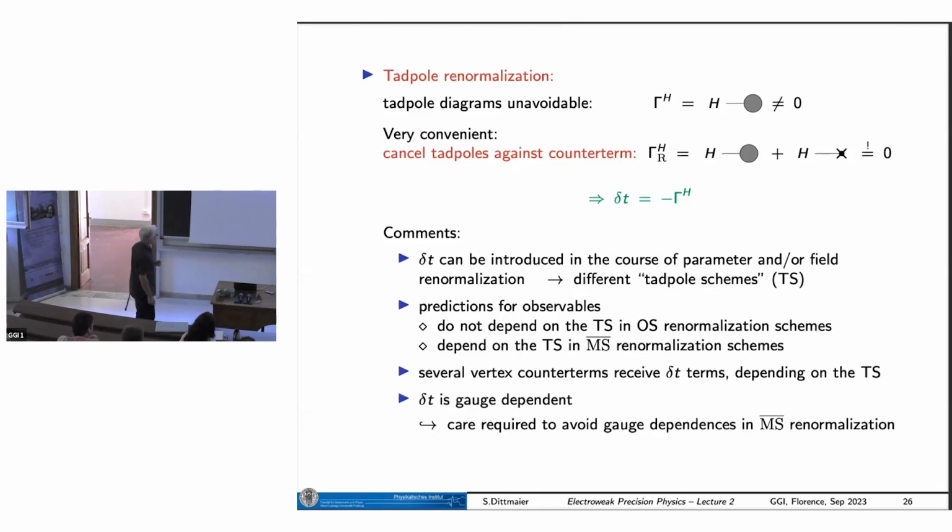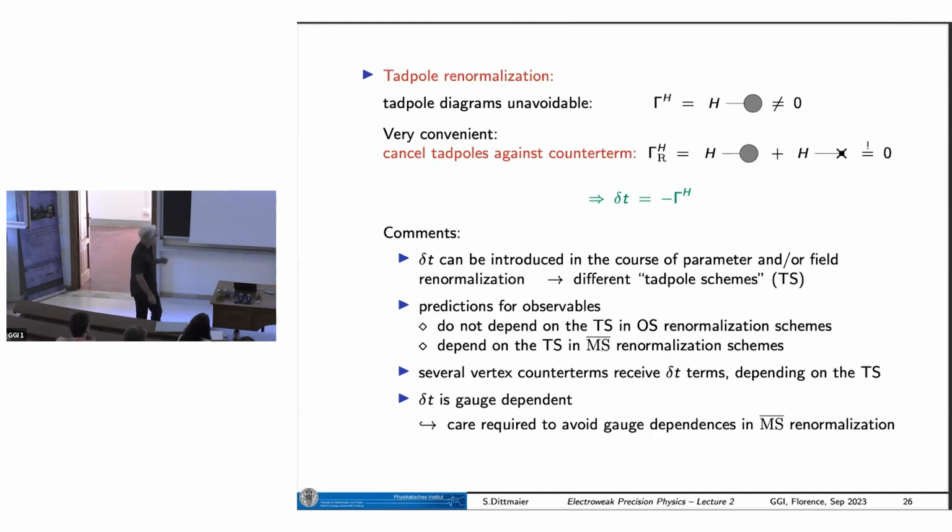If you have, as I've introduced it here, only on-shell renormalization schemes, like on-shell masses and the electromagnetic coupling in the Thomson limit, for your physical parameters, whatever you do with the tadpoles, the results for physical quantities will not change. If you, for example, use MS-bar renormalization conditions for masses, running masses, then surprisingly, the tadpole scheme plays a role. So it's interesting to follow up on this.